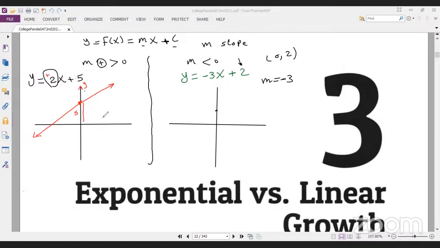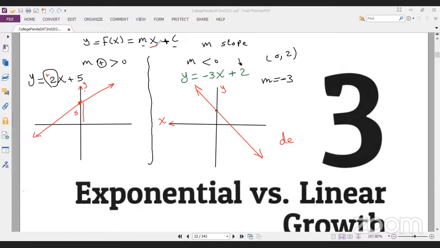So what do we have? We have a line that slopes to the left. So we have a decreasing relationship between y, the dependent variable, and x, the independent variable.